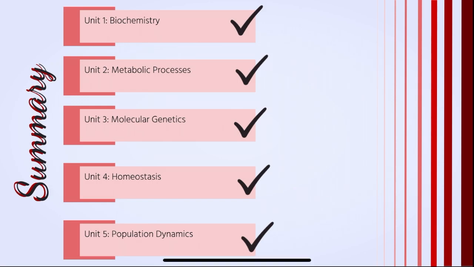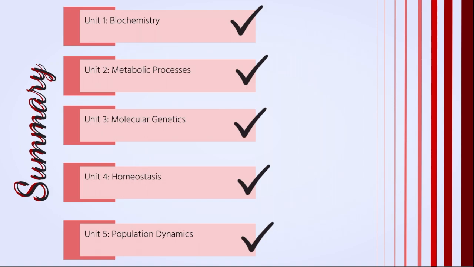Let's just quickly review and summarize what we went through in this presentation. We learned how anthrax relates to the 5 units we learned in this course. We looked at biochemistry and the properties of bacteria and how they adhere to cells, and we also learned metabolic processes and how the anthrax toxin affects a lot of the body, specifically metabolic processes and metabolism.